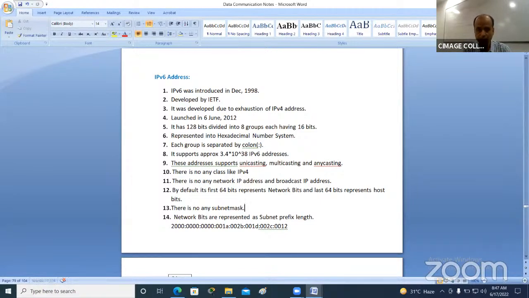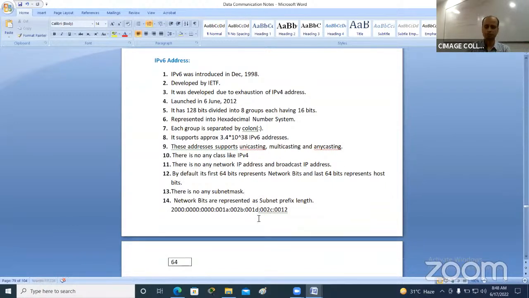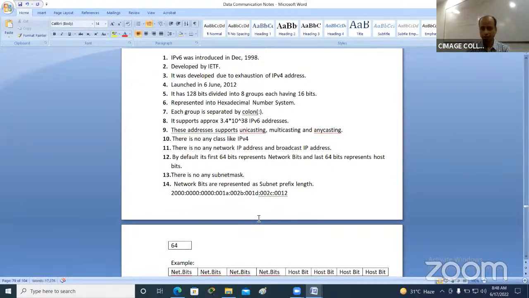In place of subnet mask, subnet prefix length is used. And in subnet prefix length, network bits are represented: how many network bits are present in the IP address? And the default value is 64.